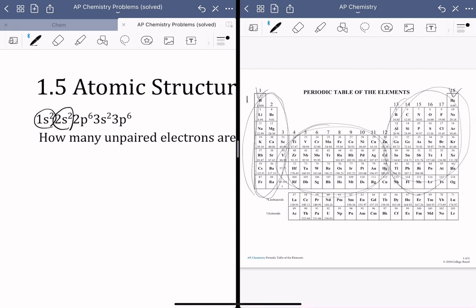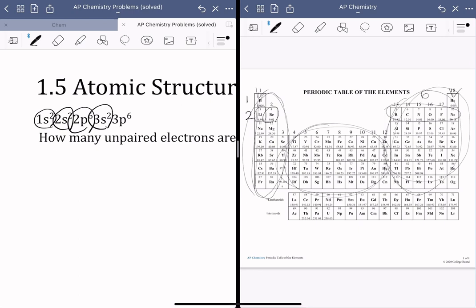And 2s2, there's 2 electrons in the S orbital in period 2. And 2p6, looking at this one, there's 6 electrons in the p orbital of period 2.